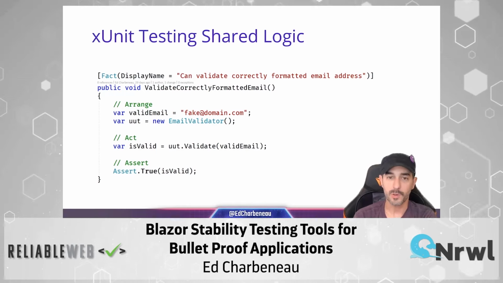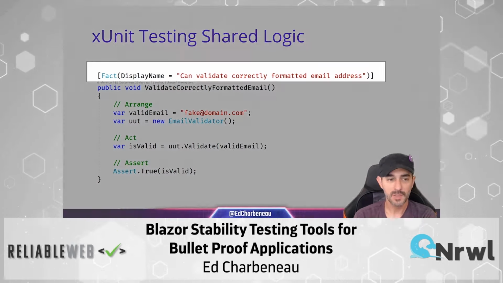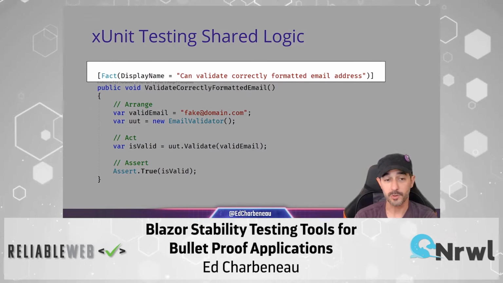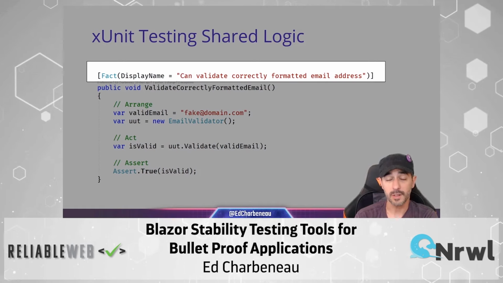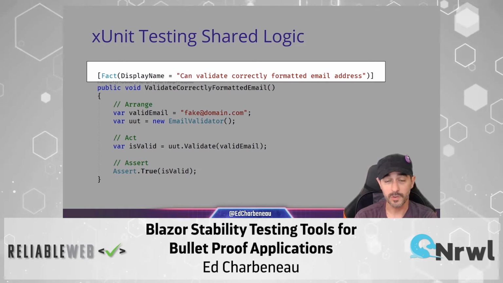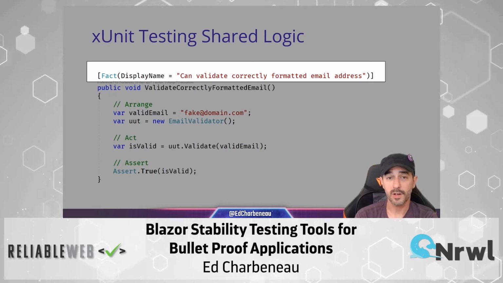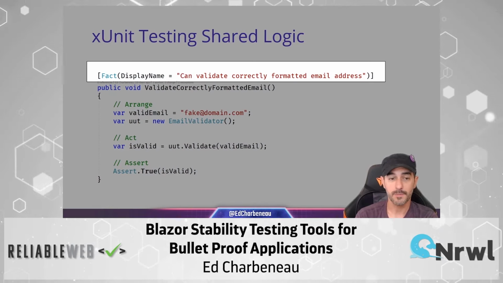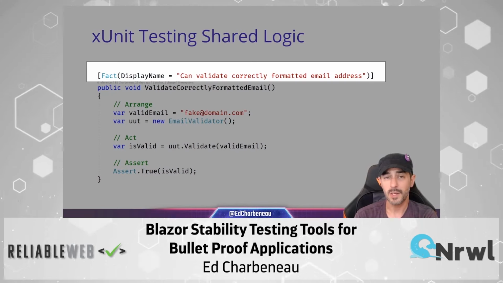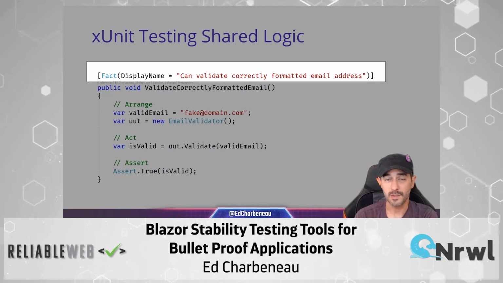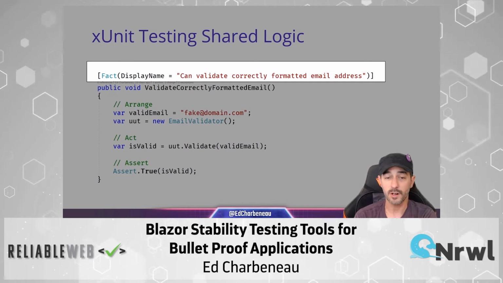This is an example of what one of those unit tests would look like. And if we break it down, the first thing we do is give an attribute, a Fact attribute, that just identifies that this is a test within our code, and it lets us signify a clear display name. So one thing that's nice about this is we can name our tests appropriately using spaces and everything and get that nice feedback inside of our IDE.